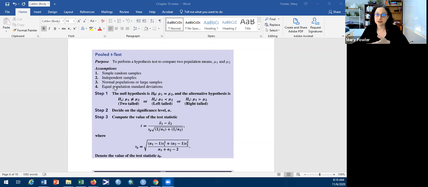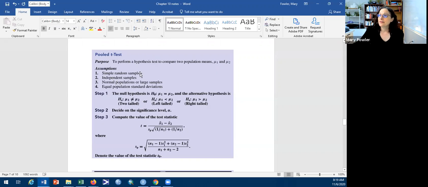So we do need that normality of X bar that either comes from underlying normality of the parent or a large sample. And then in this procedure, we assume that sigma 1 equals sigma 2, that the two populations have equal standard deviations.